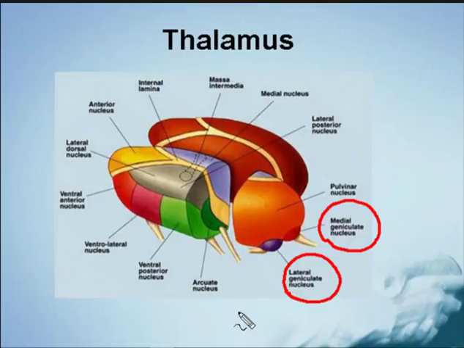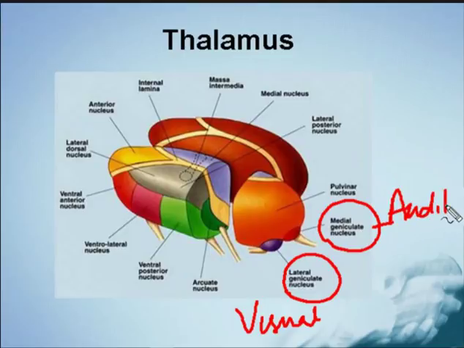The lateral is with the visual pathway and the medial is with the auditory pathway, and maybe the way you can remember is AM. As soon as you get up in the morning, AM, you hear noises, so medial geniculate body is with the auditory pathway. So you should know this, and then we'll see how the pulvinar, which is again this largest part over here, is related to the visual and parietal areas.